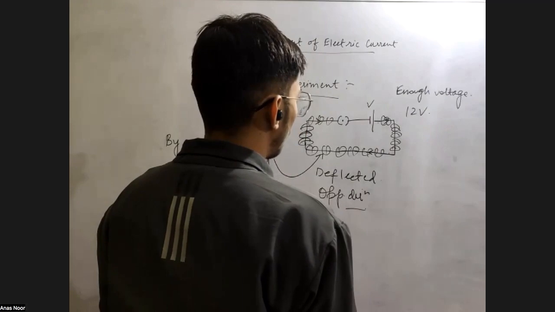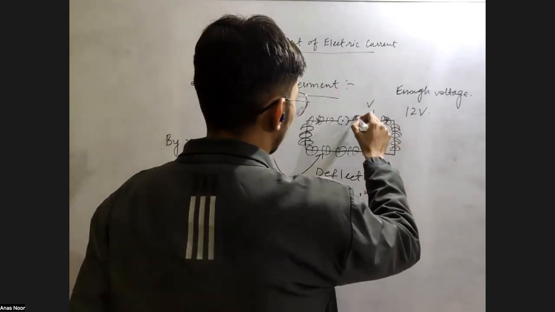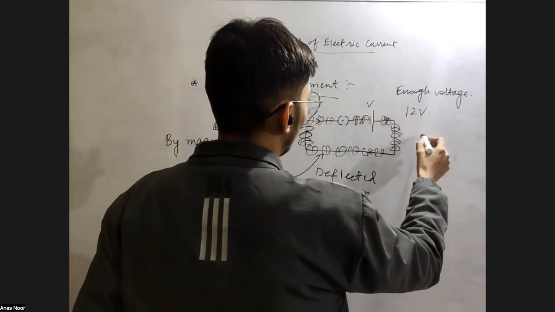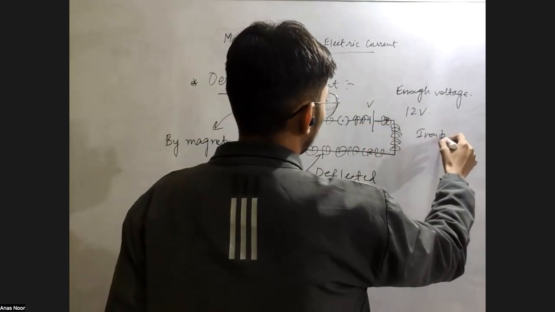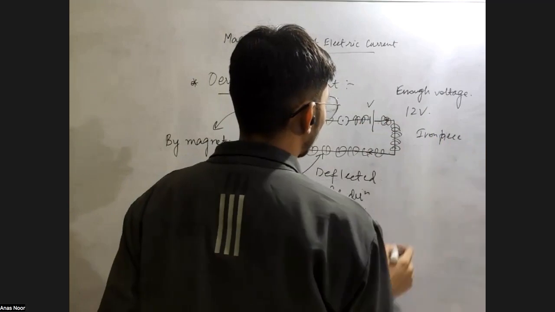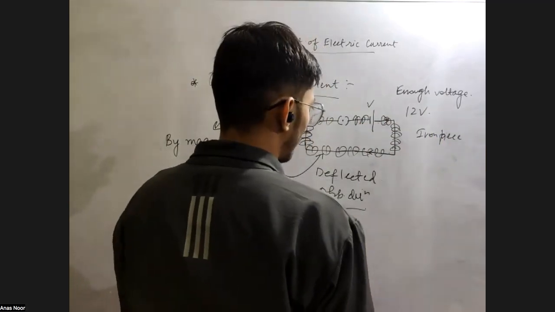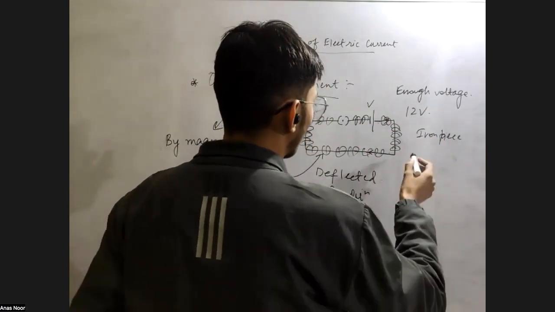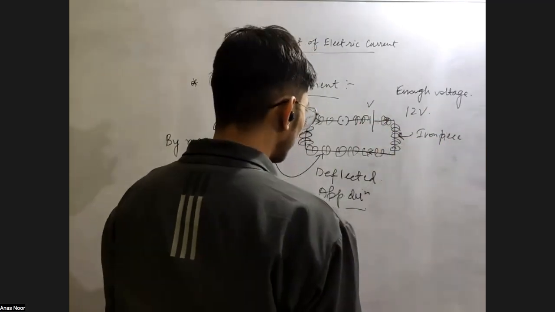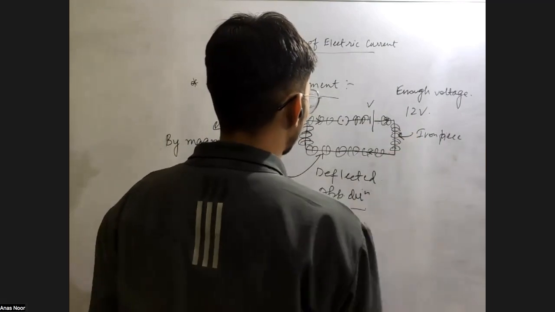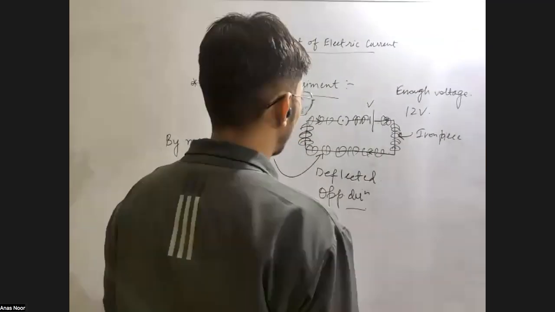If you bring an iron piece close to it, for example a nail cutter, then this wire will attract it, you will see. Because the wire itself has become a magnet.